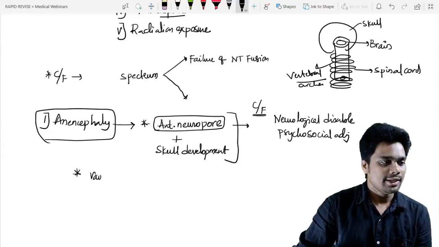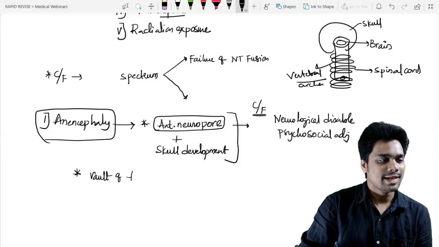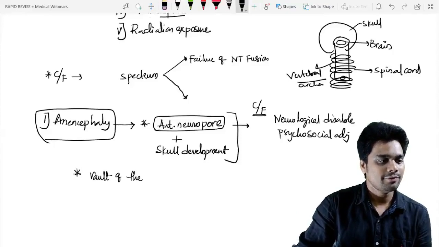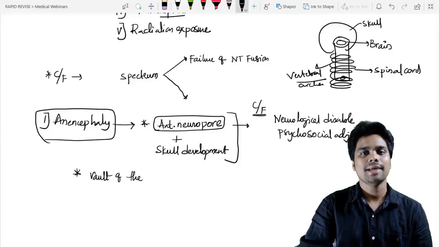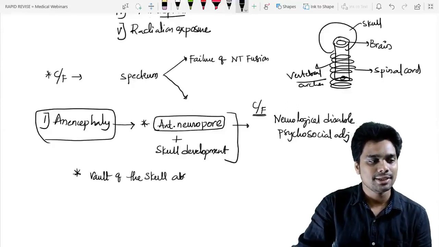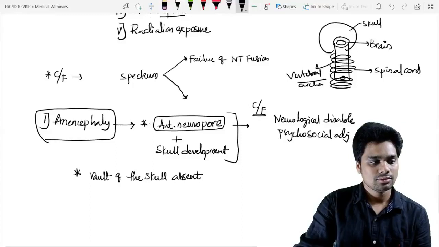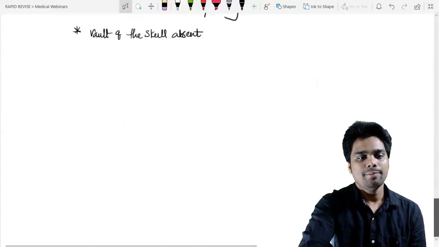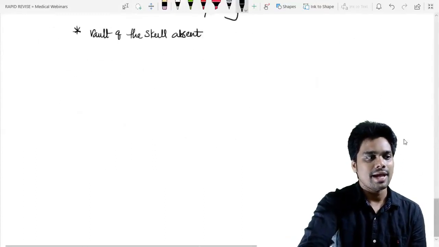In anencephaly, the vault of the skull is absent. So how to identify the spotter of anencephaly? Sometimes they give a spotter in the exam. The vault of the skull is absent. Let me brief you the facial features of anencephaly too.